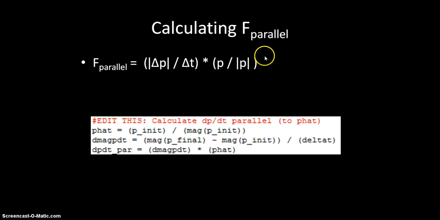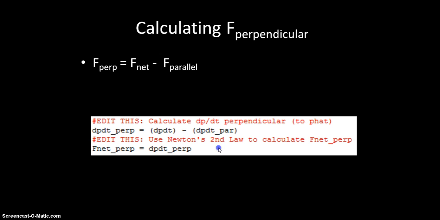F net parallel has been entered as the magnitude of the change in momentum divided by the change in time times the initial momentum divided by the magnitude of the initial momentum. Because we know that F net equals F net parallel plus F net perpendicular, F net perpendicular can simply be entered as F net minus F net parallel.